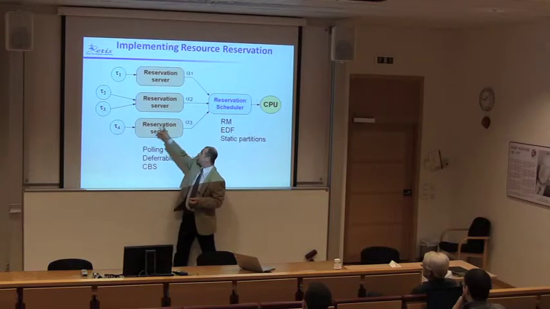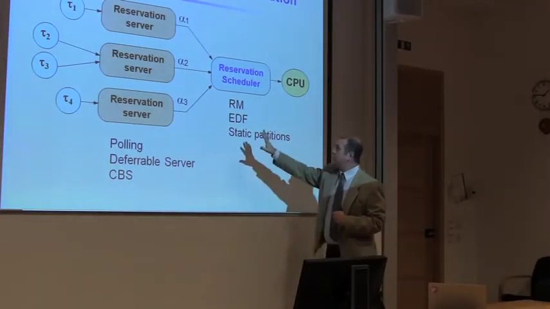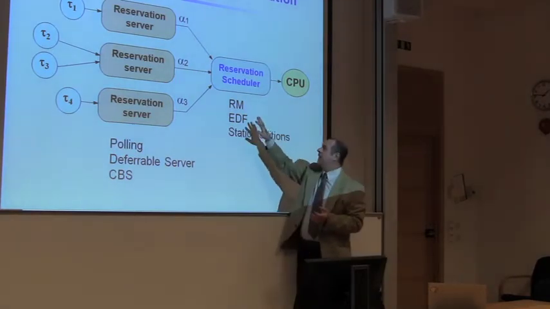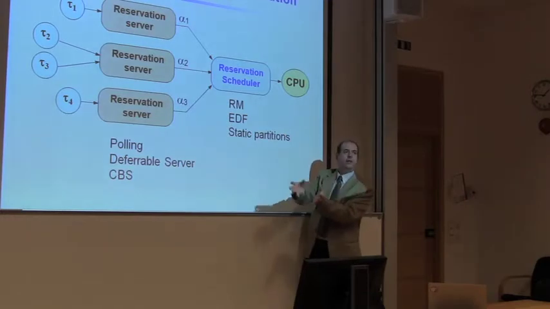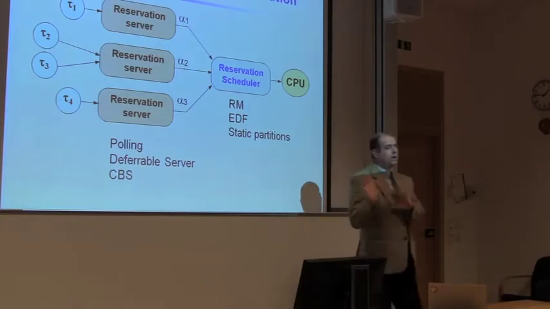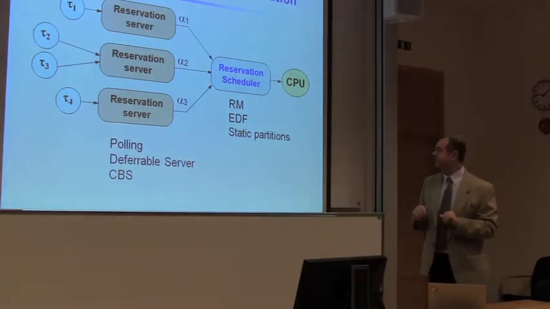But in this case, I can execute an application with 2 tasks and so on. And then, of course, I need to schedule all the servers together. And so I have a scheduling mechanism which takes all the reservation servers and schedules them in a single CPU. For now, I'm considering just a single processor environment.